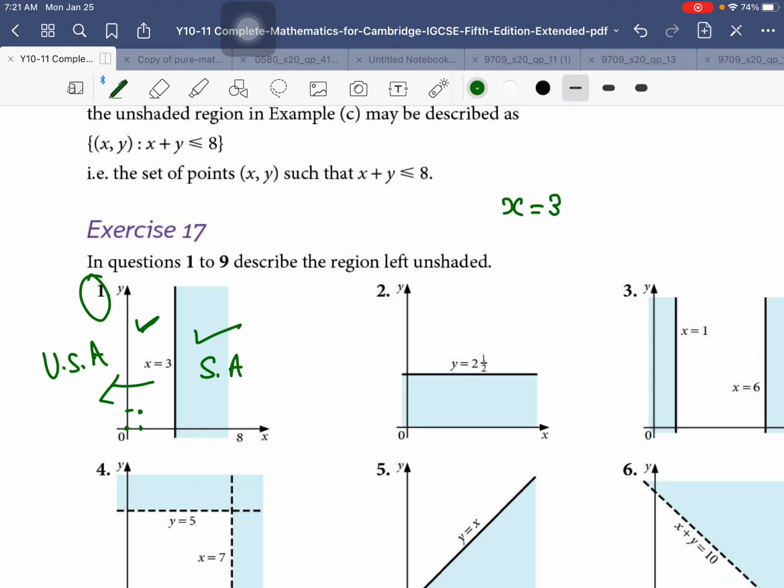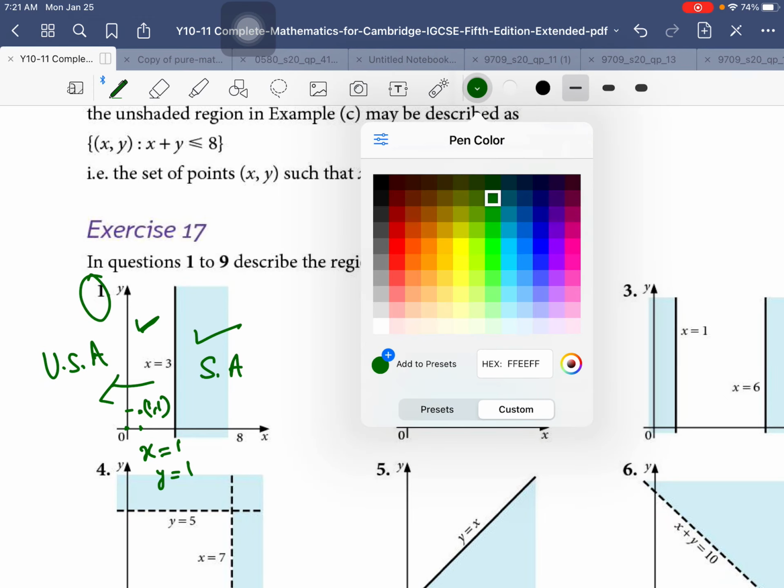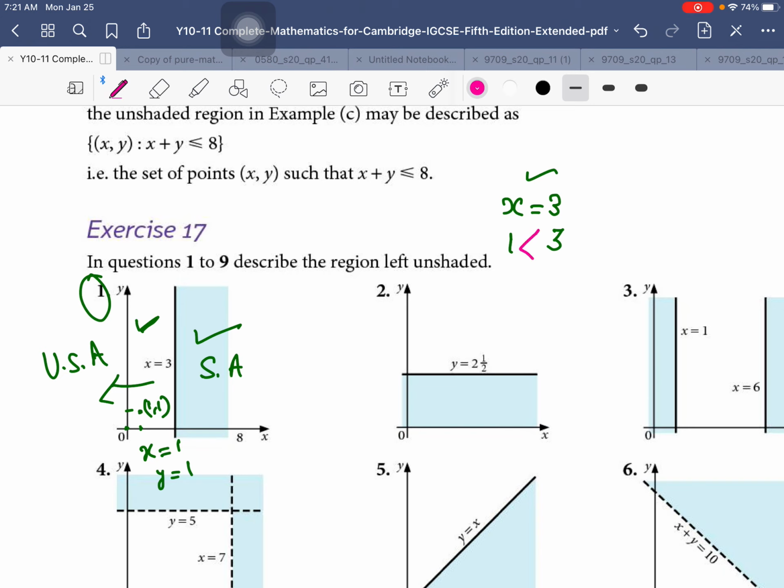If I consider this point 1, 1, it means x equal to 1, y equal to 1. I'm going to put the value of x in this equation, 1 and 3. Now we see whether 1 is less than or more than 3. Obviously, 1 is less than 3, so the unshaded area is represented by the inequality x less than 3.